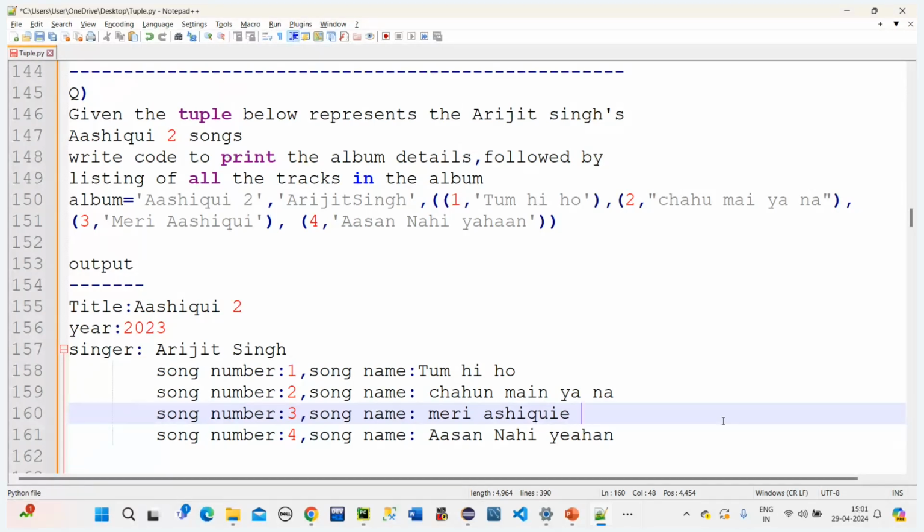Any doubt in this? Anyone? So this is the question. In this format I want to get the output by using this tuple.